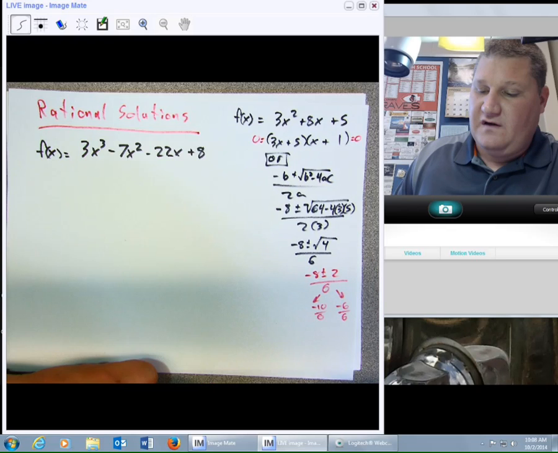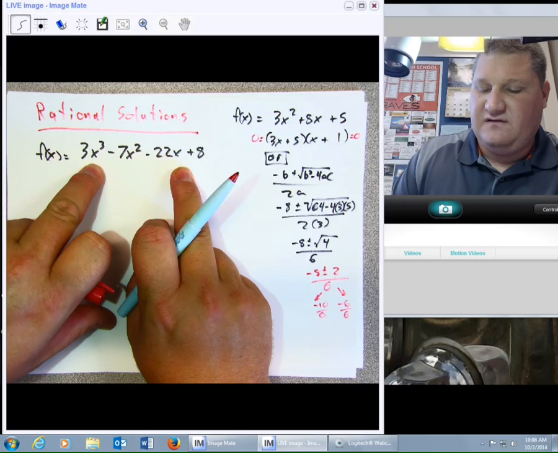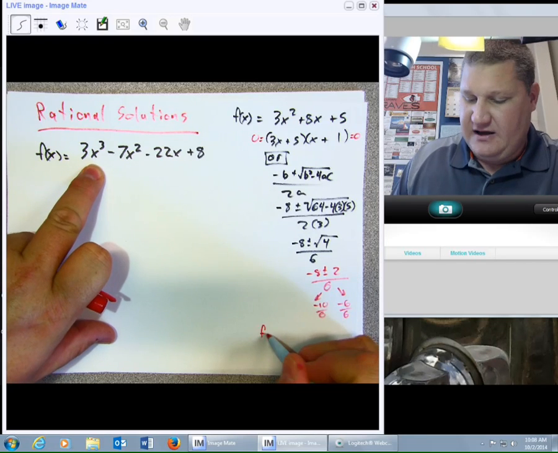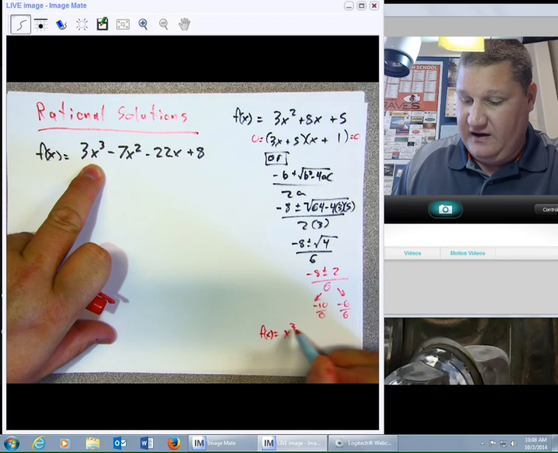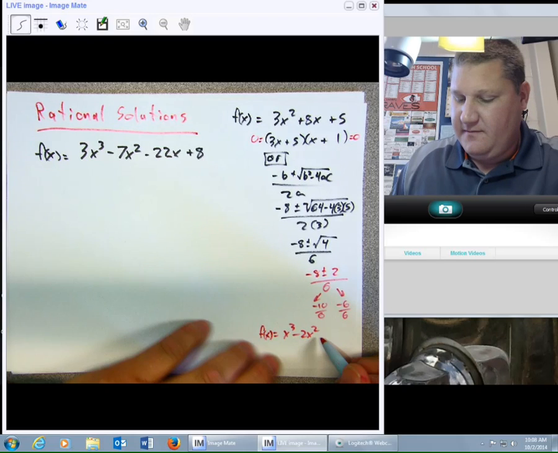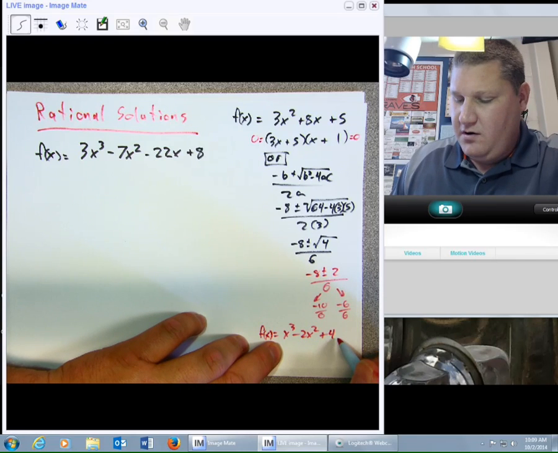So, what happens when we go to a cube, though? Now, in some cases, if we have a cube, we can do this little trick. F of x equals x cubed minus 2x squared plus 4x minus 8.